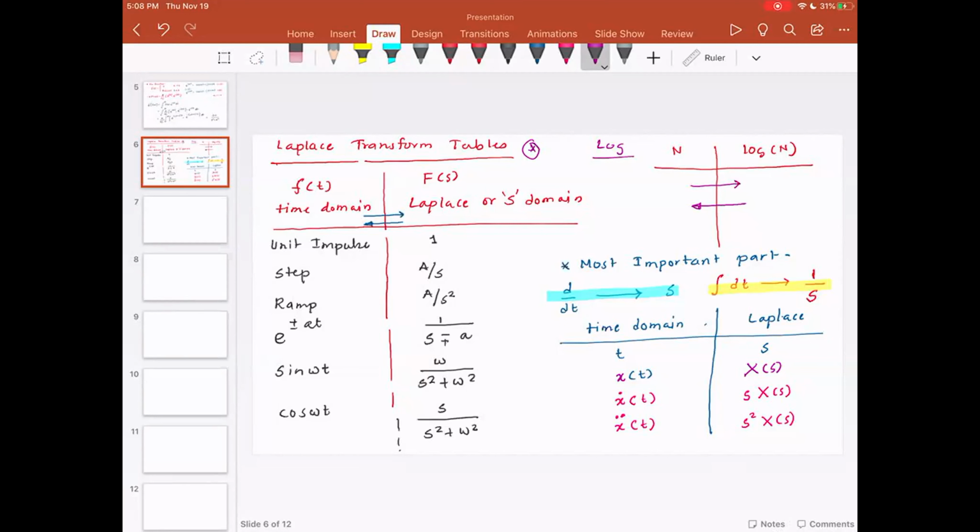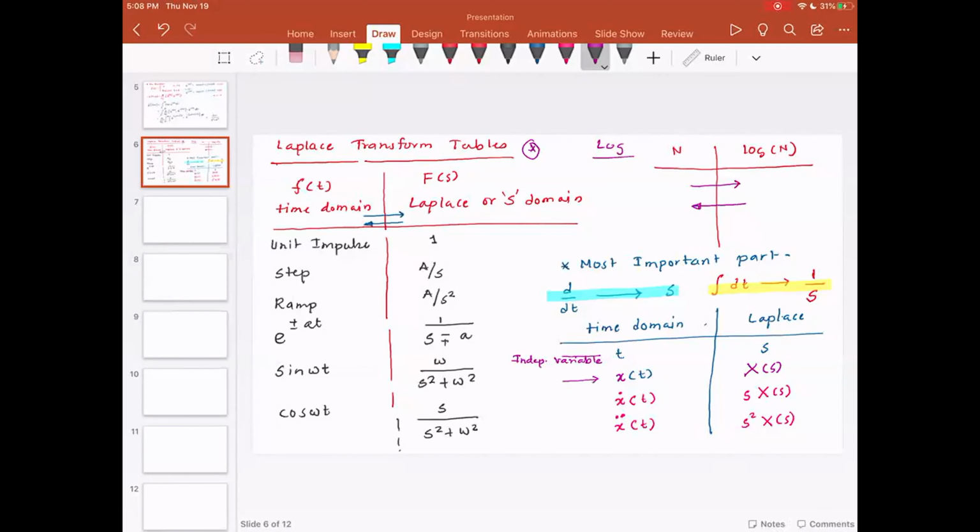But the most important part that I want you to remember is that in time domain, your independent variable is time. In Laplace domain, your independent variable is s.